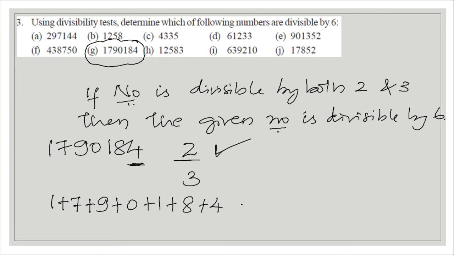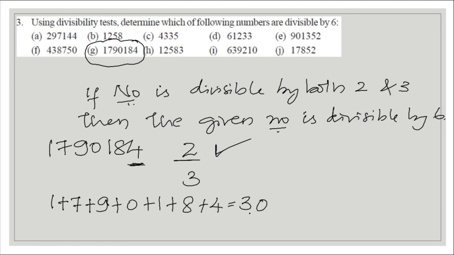What will be the sum of the digits here? 1 plus 7 is 8, 8 plus 9 is 17, plus 1 is 18, 18 plus 8 is 26, plus 4 is 30.